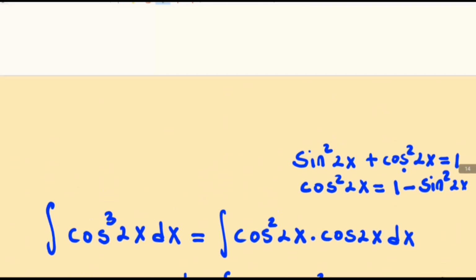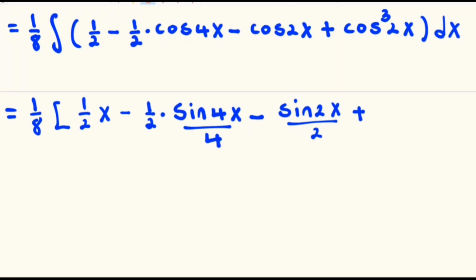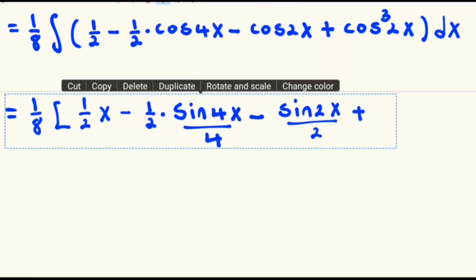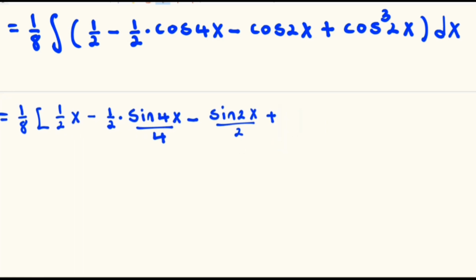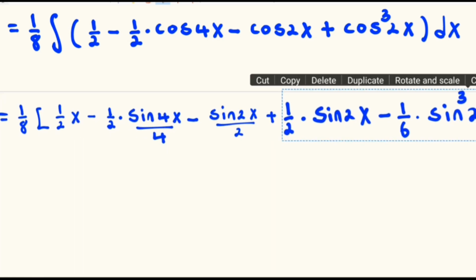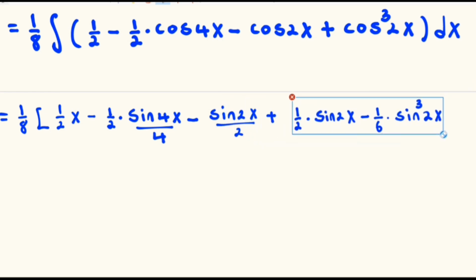So let's copy and paste that into the integral of cos 2x raised to the power 3, and we determine that it's equal to 1 over 2 multiplied by the sine 2x minus 1 over 6 multiplied by the sine 2x raised to the power 3, and we close the brackets, and let's include the plus c.